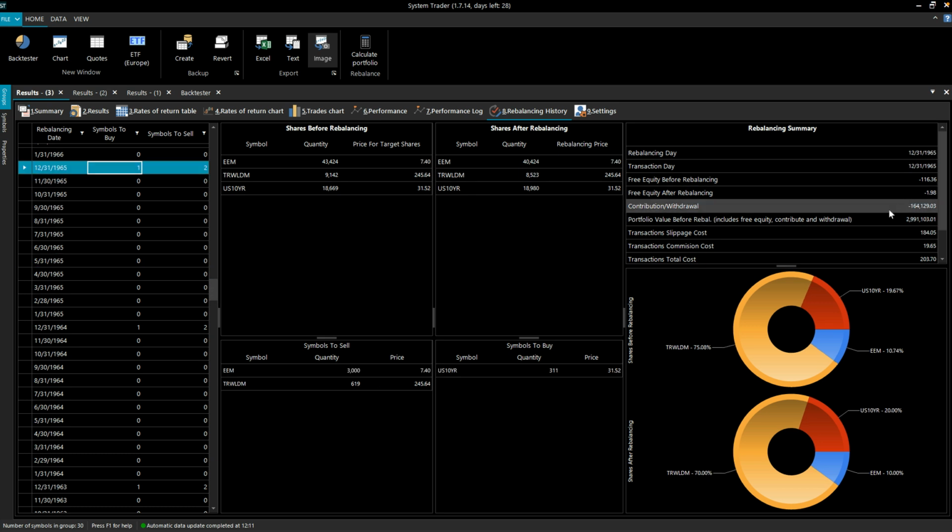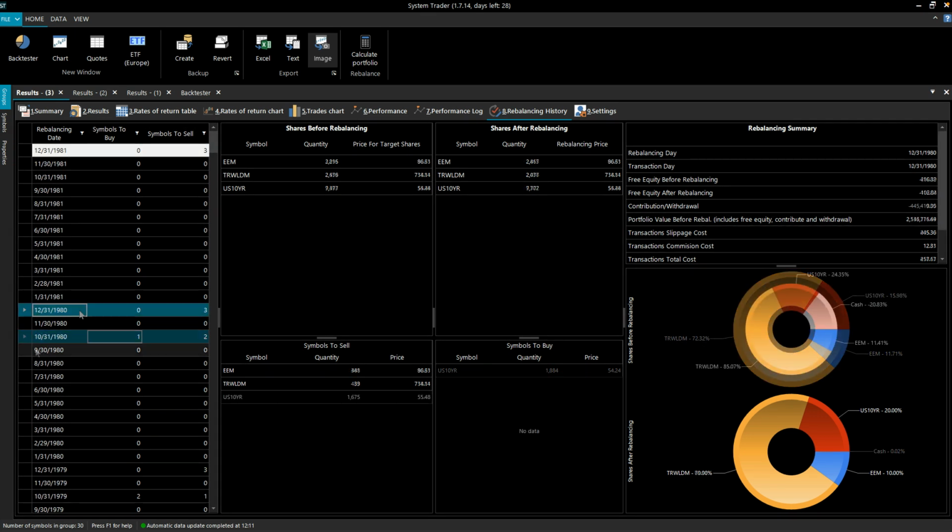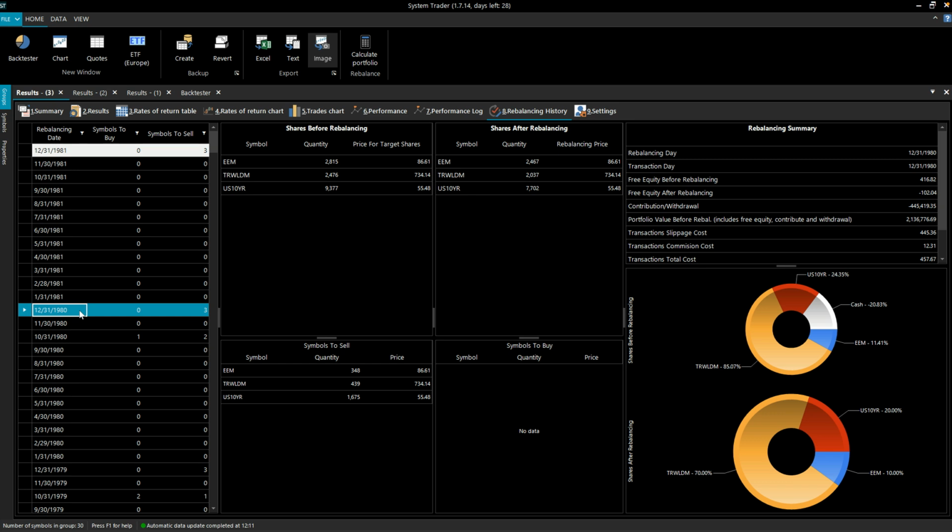For example, almost twice or even more than twice more, $164,000. And at the end of our retirement, we are withdrawing over $400,000, as you can see here, which is a lot. It's many times more than the initial amount when we were starting our retirement.